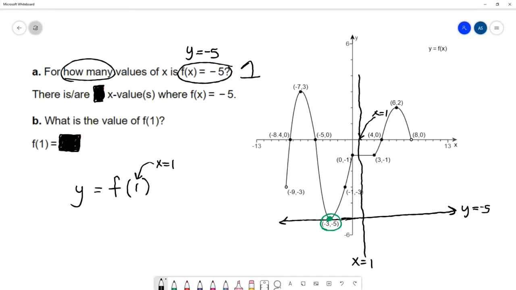Those are all of the ordered pairs that have an x value of 1, and there's only one ordered pair on our graph that has an x of 1. And we need to know what that y coordinate is. You can see that this is a horizontal line. All of the points on that line have the same y value, and that's a y value of -1. So f of 1 equals -1.